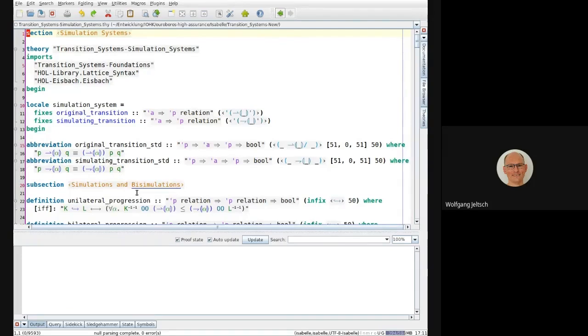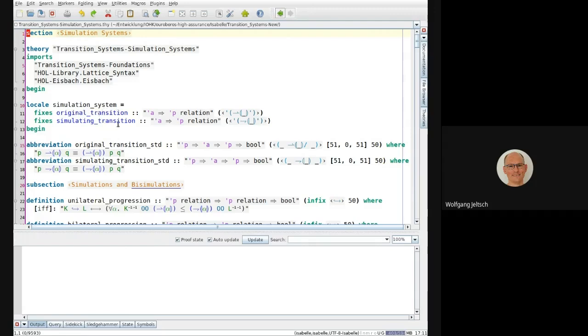So the cases that we typically deal with are the following. So we have this original or strong transition that we define via some inductive definition or so. And then we derive the weak transition from it in a certain general way. And now there are different combinations of strong and weak that we could have here.